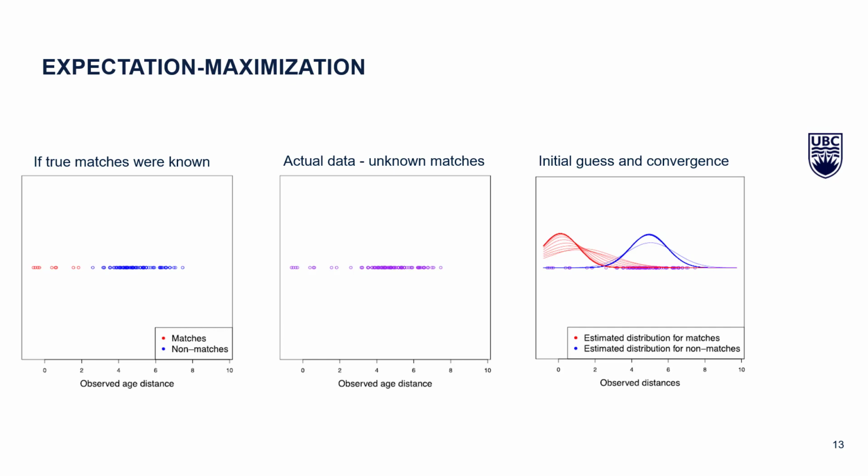So the goal of the algorithm is actually to estimate the probability that each of the distances are actually a true match. How the algorithm actually works is that it's going to start by assigning a distribution for each group, and then it will estimate the parameters of each distribution.